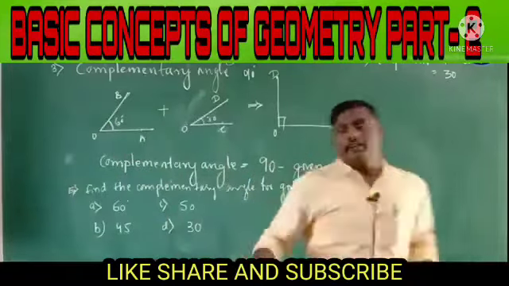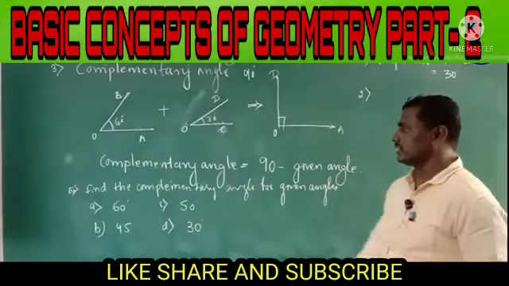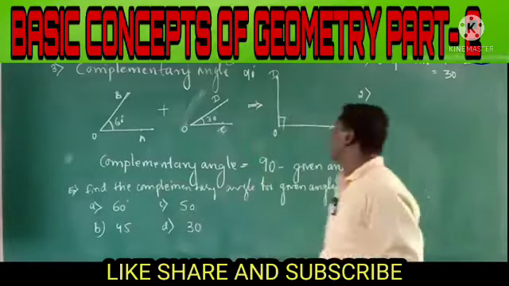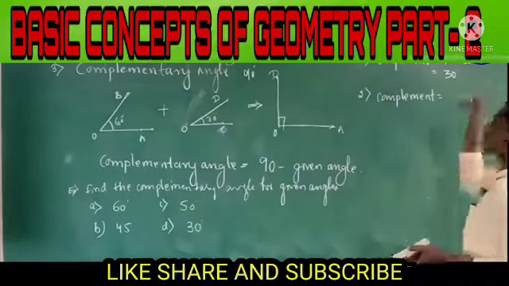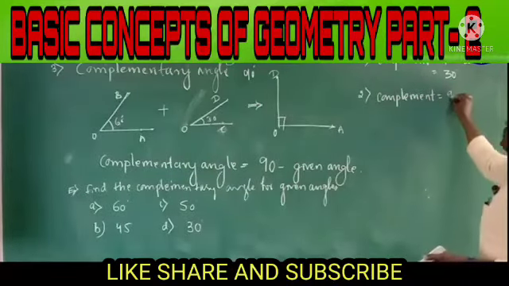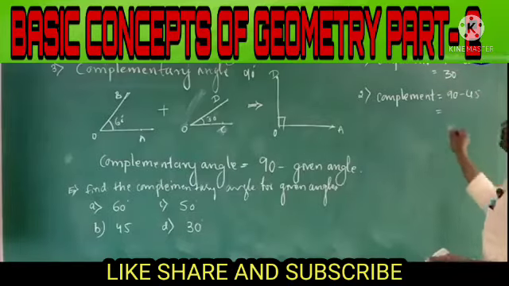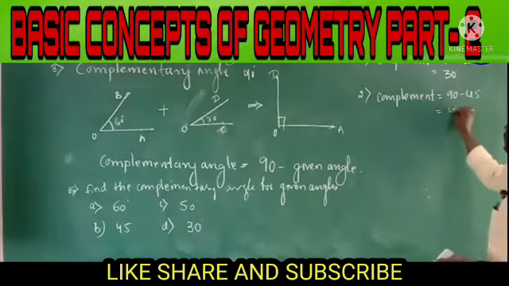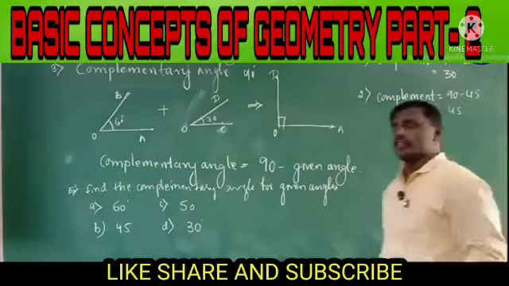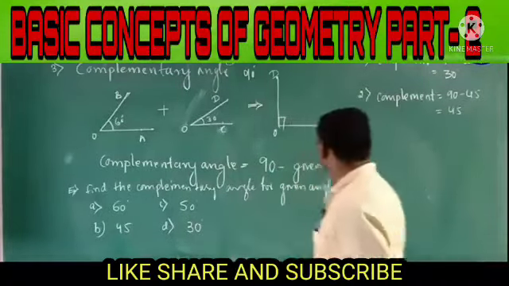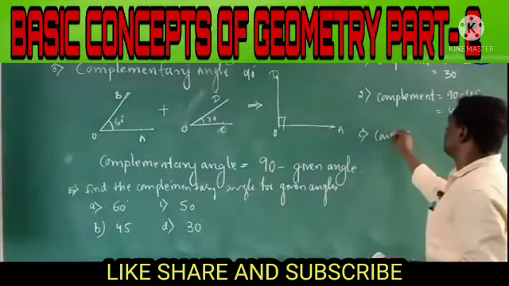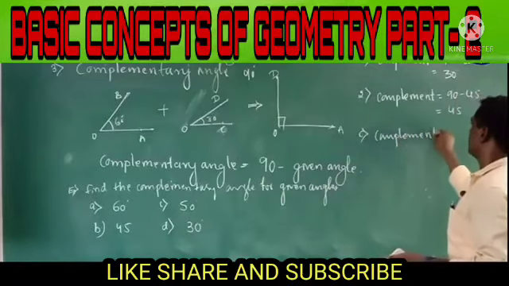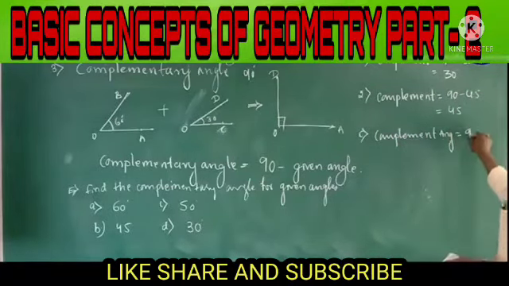So take the second one. What is the second question? B, 45. Complement angle is equal to 90 minus 45. So 90 minus 45 means 45 degrees is the other complementary angle. Similarly, calculate C: complement angle is equal to 90 minus the given angle, 50 degrees.